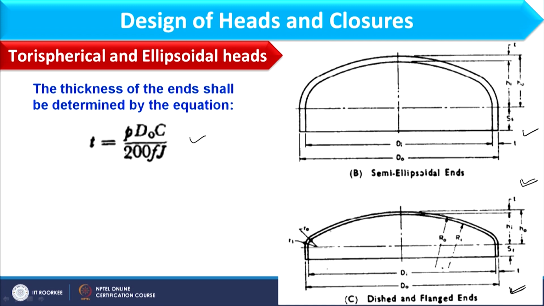Here the main point to be considered is how to find C. C is basically the shape factor, and how we can find the factor C is the main concern over here. Other parameters, how you need to take, you are already aware. So, let us discuss how to find out the value of C.